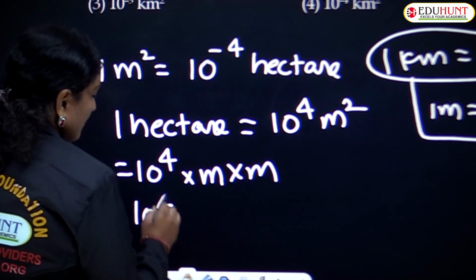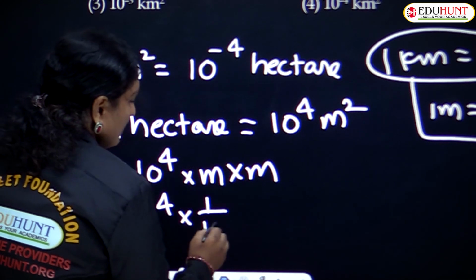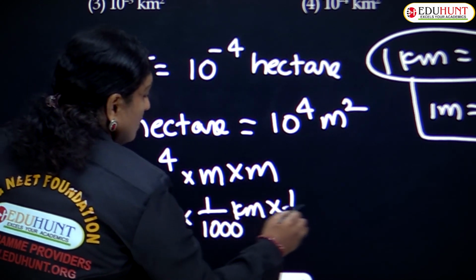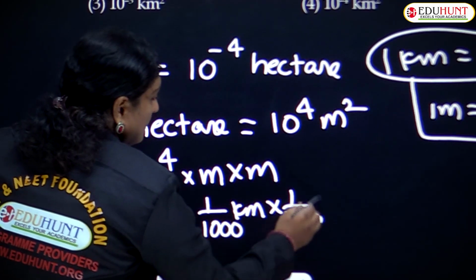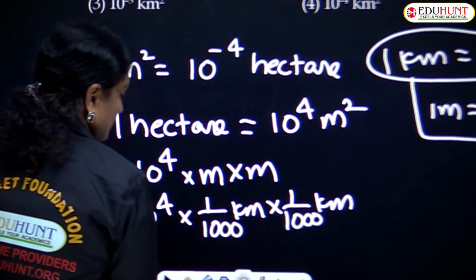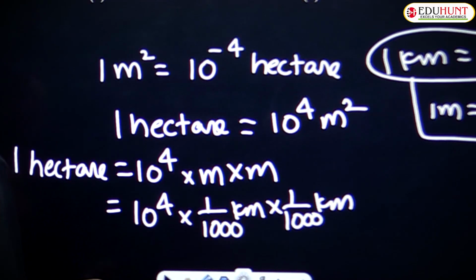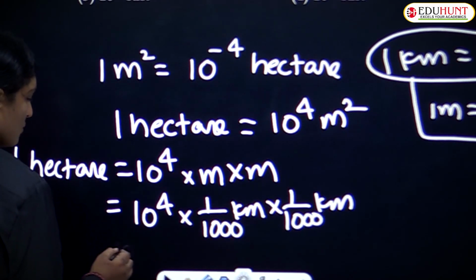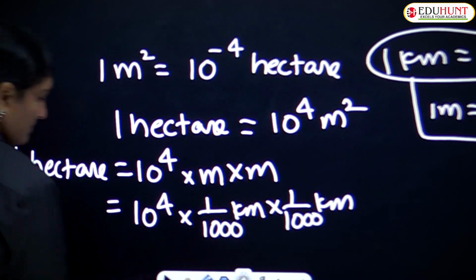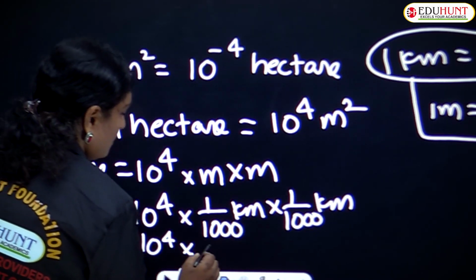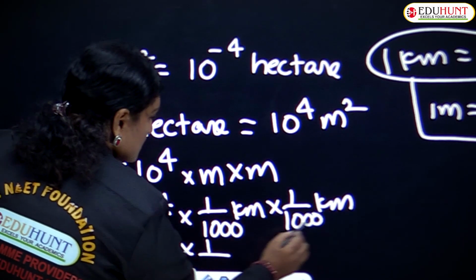So 10 power 4 into 1 by 1000 kilometer into 1 by 1000 kilometer. So all together it should be 10 power 4 into 1 by 3 zeros, 3 zeros.